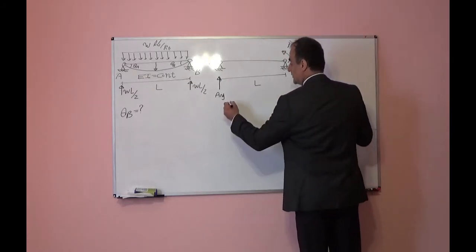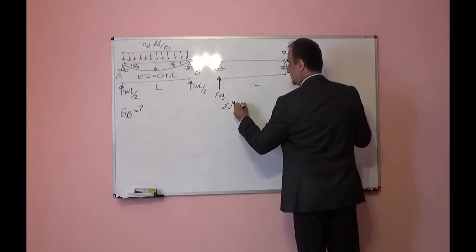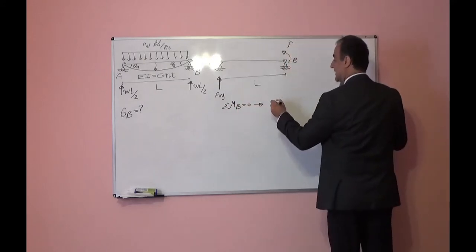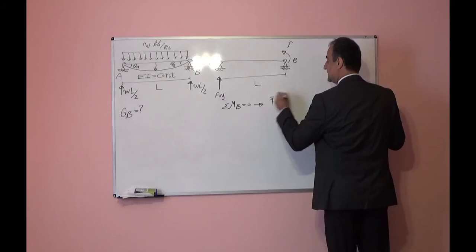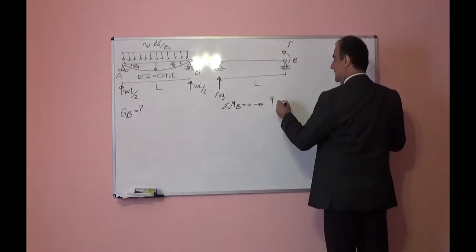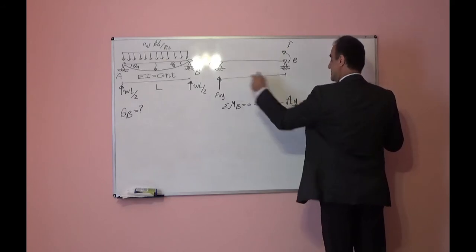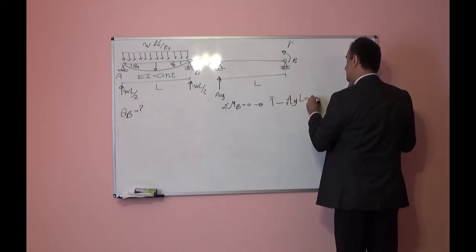If I take moment with respect to point B equal to 0, I have the unit moment counterclockwise minus AY times L is equal to 0.